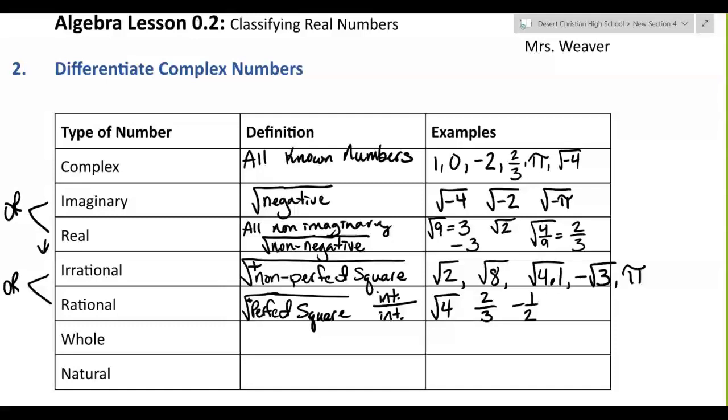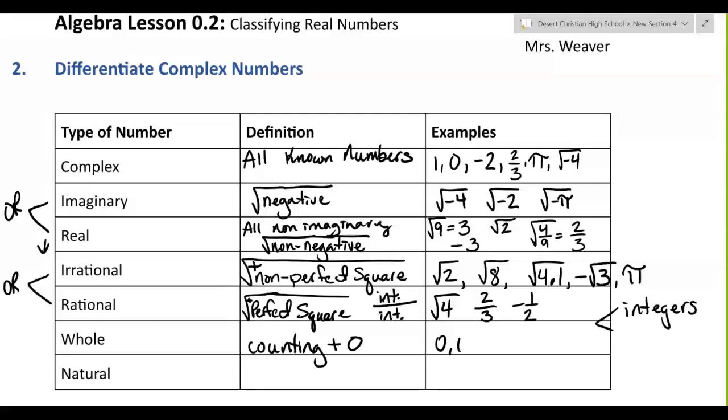Okay, so integers, we'll just kind of slide this in here. Integers. I'll take your questions in a second. All right, type of rational number, and then all whole and natural numbers are integers. And integers are positive and negative whole numbers. Okay, whole numbers are counting numbers plus 0.